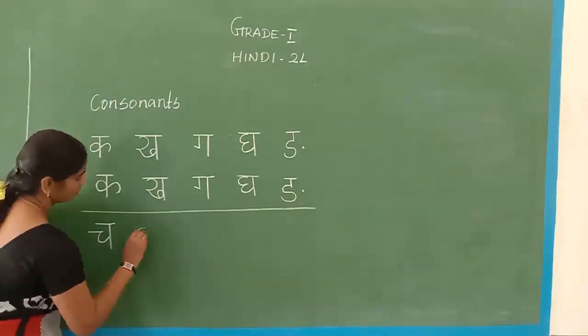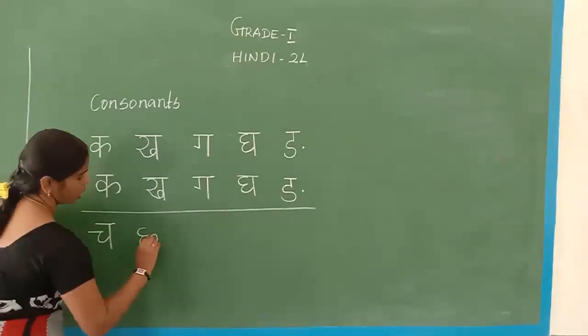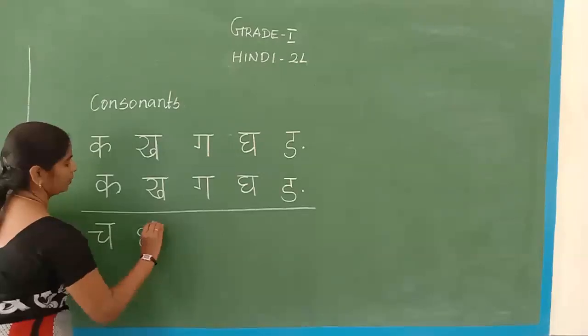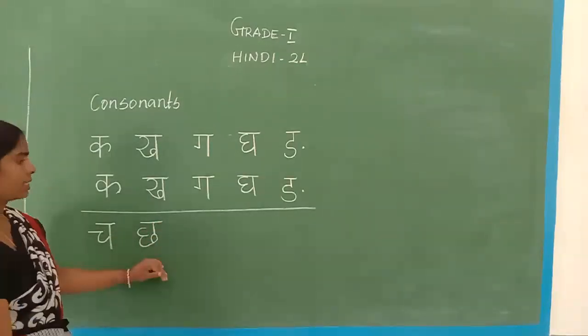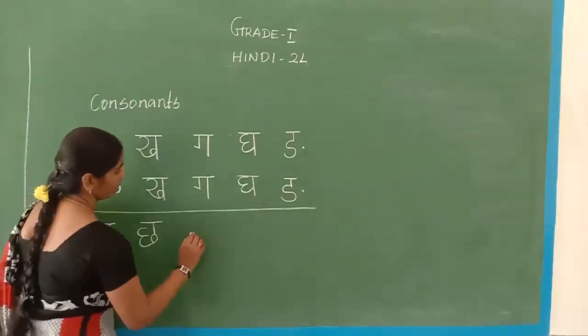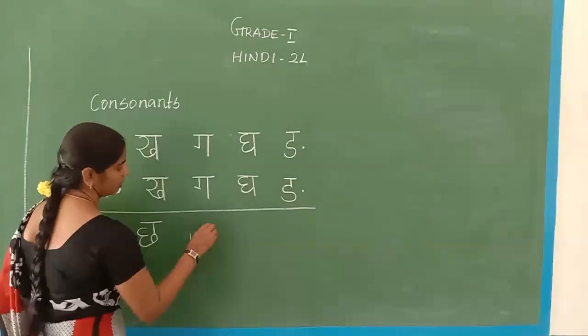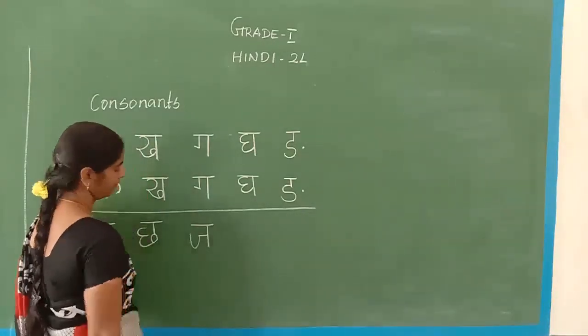And like this, and one round, one line up, and top of the line. Okay. Cha, chha. The next, like this, and one standing line, and top of the line.